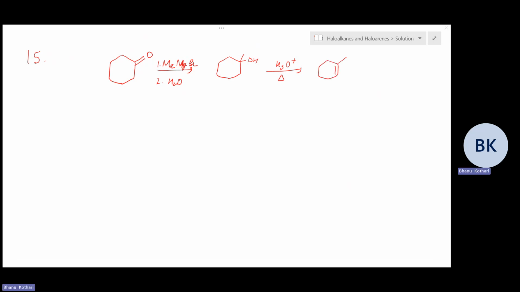After which, if I do anti-Markovnikov addition of HBr, we get the required compound. The correct option is the first option.